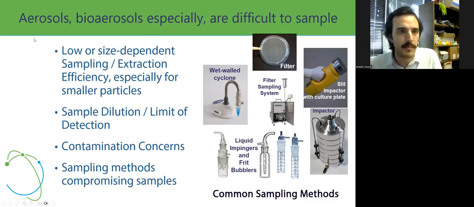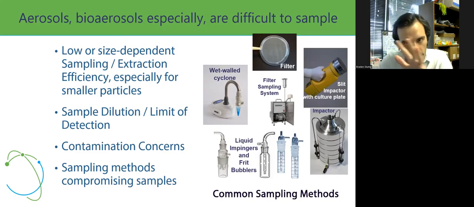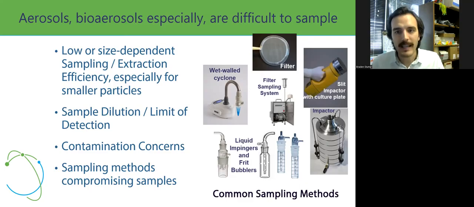So the ability to capture and then extract from a surface or liquid where you've sampled starts to become an issue. Going lower and lower in size into the nanometer range, you have issues with actually capturing enough of a percentage of particles, and extracting them from however you're sampling.